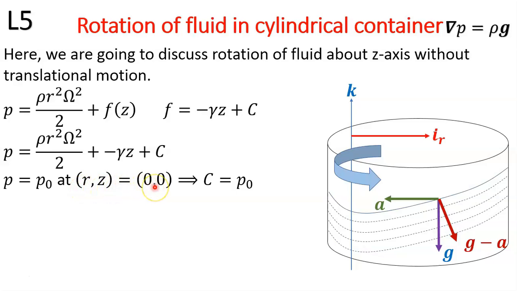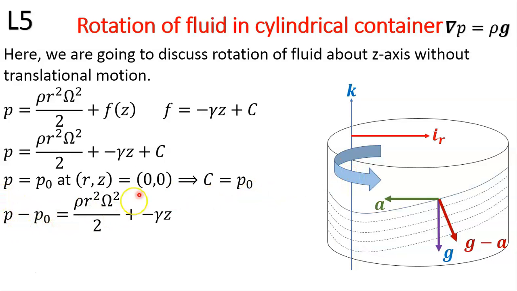So when we substitute r equal to 0, this term will be 0, and when we substitute z equal to 0, this term is 0, and we have to replace p by p0, so our c is equal to p0, which represents pressure at origin.